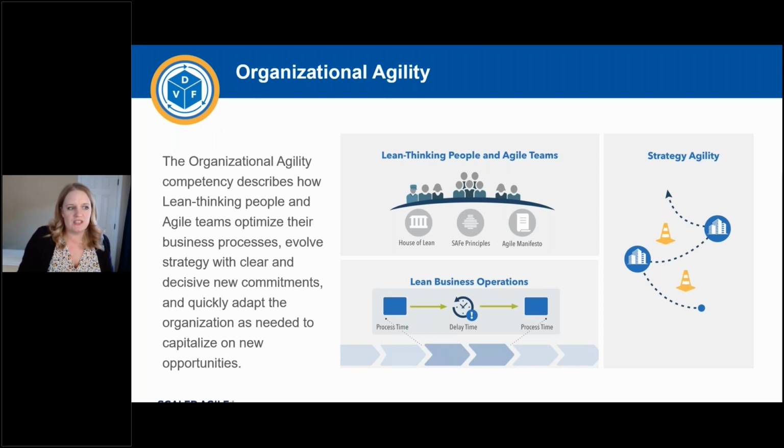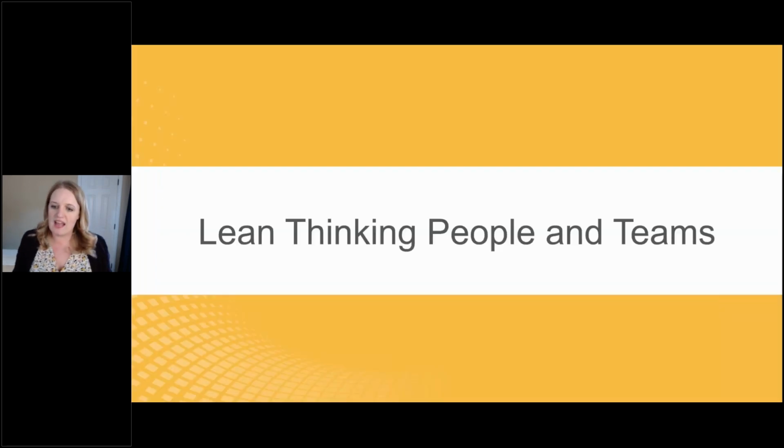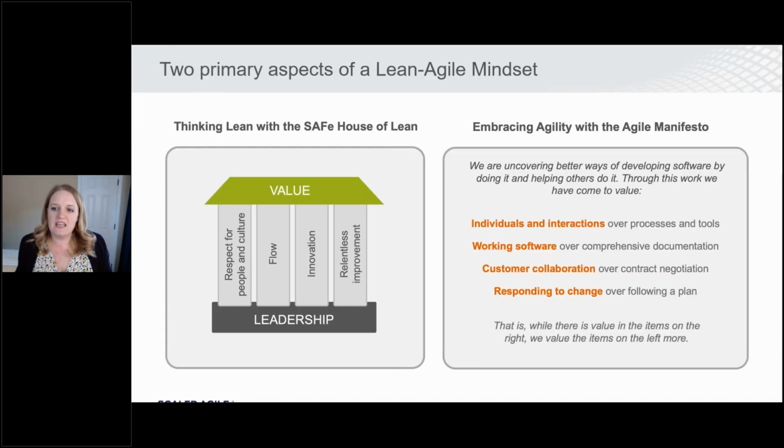So let's look at each of these. Lean thinking, people, and teams. In order to get folks thinking in a lean, agile way, we have 2 key things. We have our SAFe House of Lean. This is inspired by Toyota's House of Lean. Lean was born in the manufacturing world, so often sounds relatively manufacturing heavy.